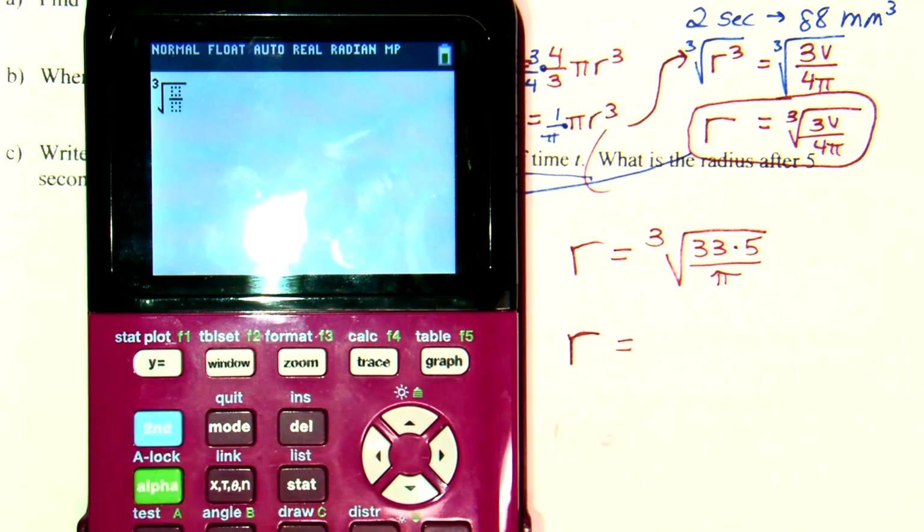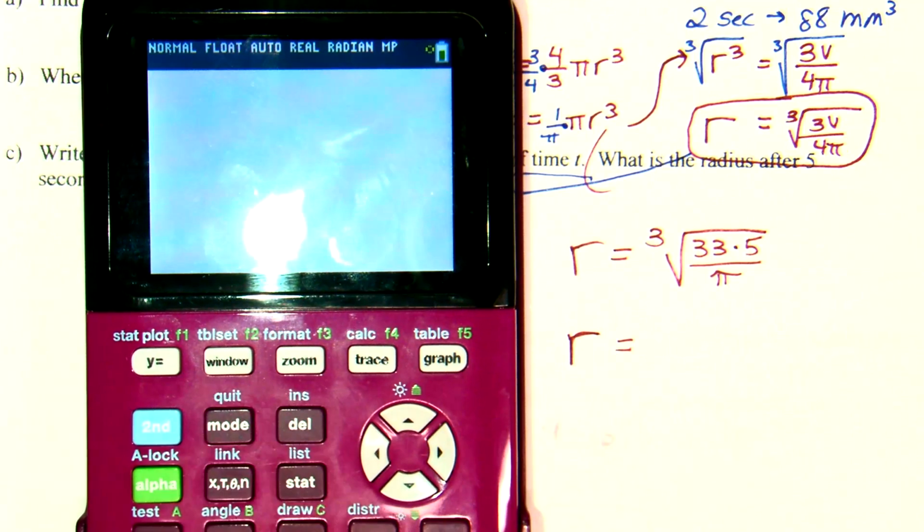Now, I personally am going to say cube root of, and I'm going to put a fraction under there. So I did alpha and the y equals button, or you can just divide. And it's going to be 33 times 5 divided by pi, which I have a pi symbol over as the second function of my exponent.